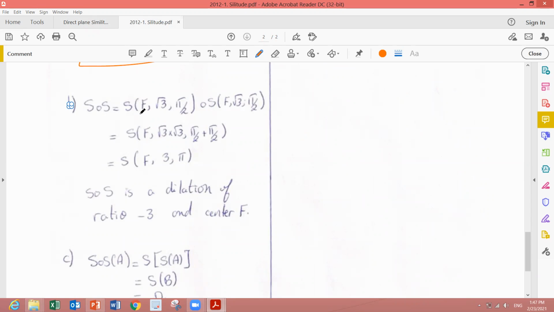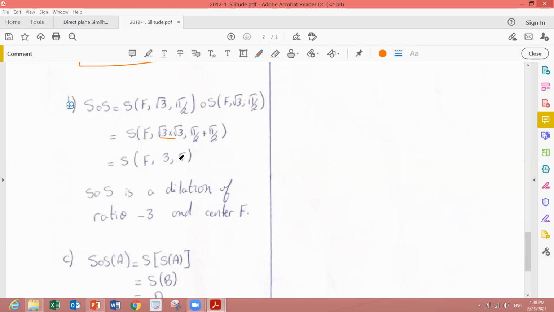S round S, S is a similitude of center F, ratio radical 3, angle pi over 2. Then S round S is a similitude of center F, ratio k times k, angle pi over 2 plus pi over 2. So it is ratio 3, angle pi.